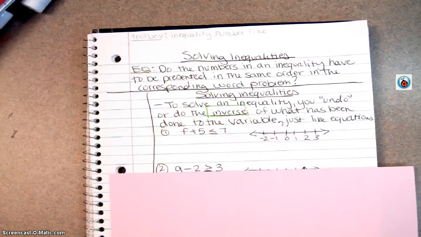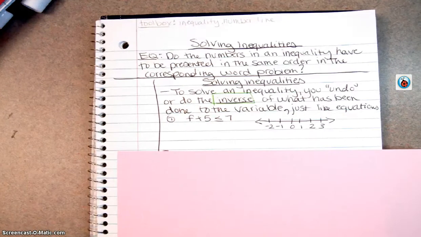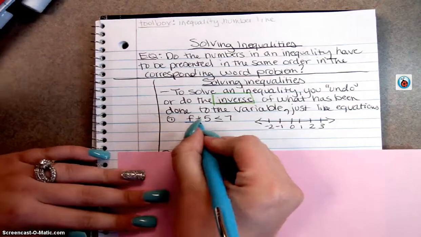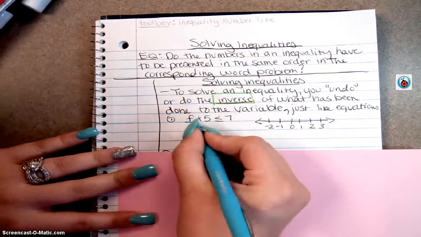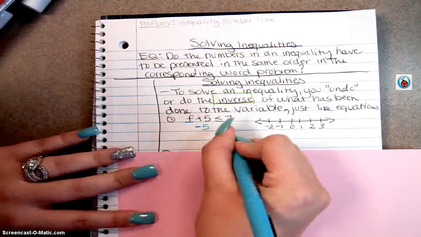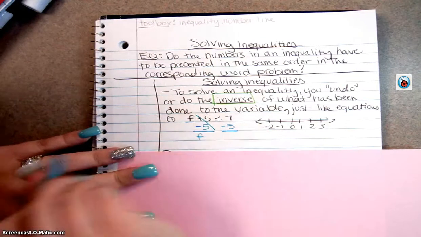All right, I want to look at this one. F plus 5 is less than or equal to 7. I see that F is having 5 added to it. So I'm going to undo it or do the inverse, which is subtraction, to both sides. This one goes away and I have F left over here.